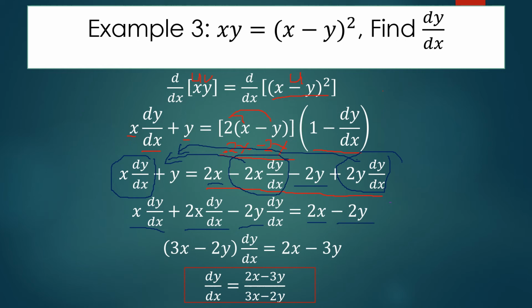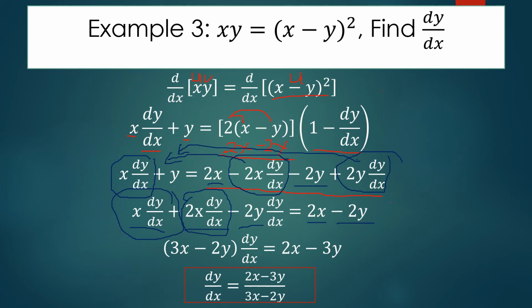Okay, now, factor out the terms by dy over dx since their common factor is dy over dx. So let us factor out dy over dx. We will get x, or let us combine these two terms since they are like terms.